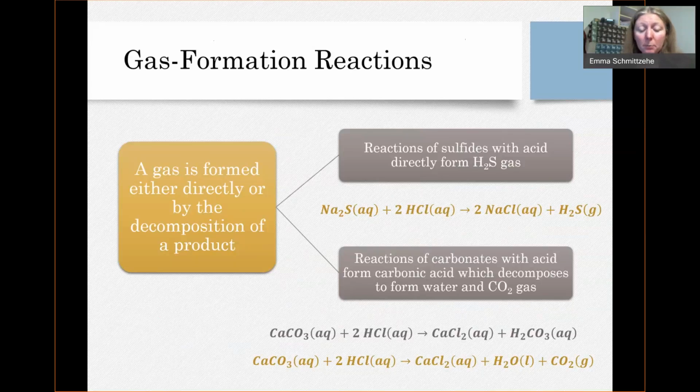So if you have something like calcium carbonate, for instance, if you react it with an acid, what it will initially form is carbonic acid. And then that carbonic acid will decompose. So it'll break down and form water and CO2. And so that CO2 is a gas.